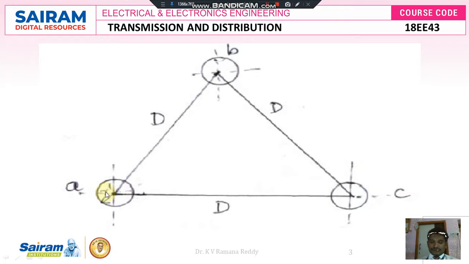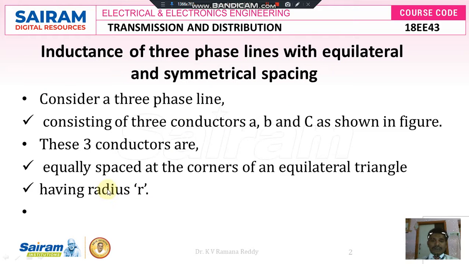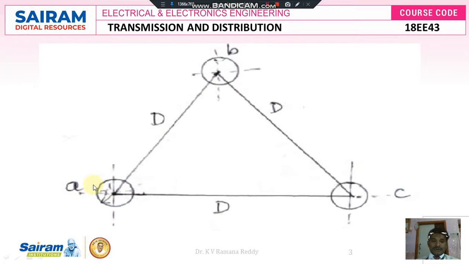This is how the three conductors A, B and C are equally spaced, with all the corners placed like an equilateral triangle, each having radius r from the center of the conductor to its surface. Not only conductor A, but conductor B and conductor C also have radius r from the center of the conductor to its surface.